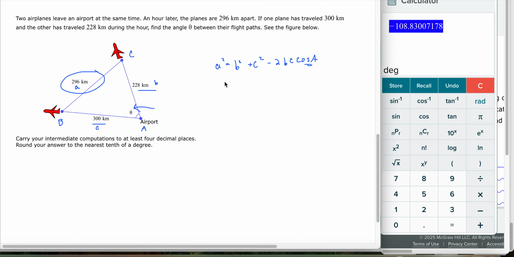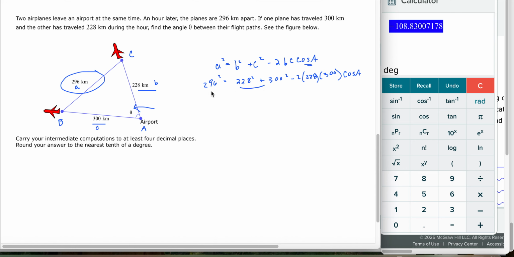We'll have everything else. Okay, so A squared will be 296 squared is equal to 228 squared plus 300 squared minus 2 times 228 times 300, and then cosine A. Okay, so we can use our calculator. I'm going to just kind of speed things up.